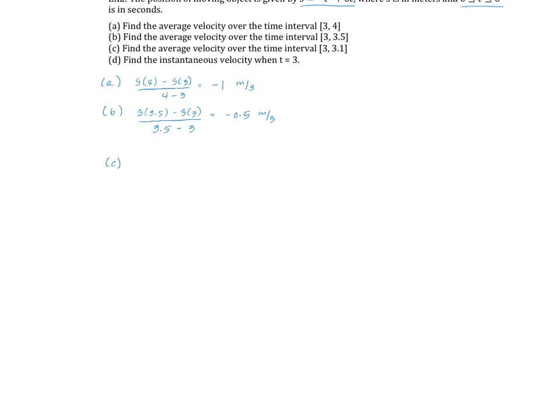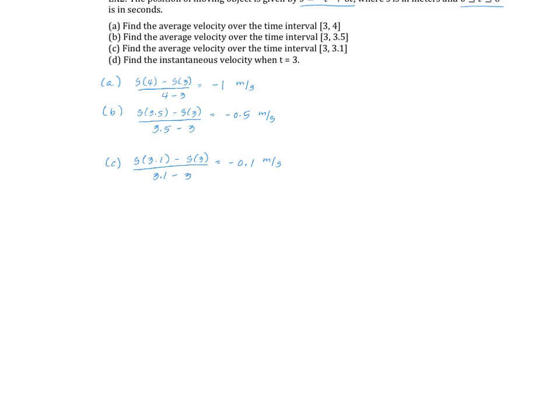C, we're going to find the average velocity from 3 to 3.1. So s of 3.1 minus s of 3 over 3.1 minus 3. That's going to be equal to negative 0.1 meters per second.